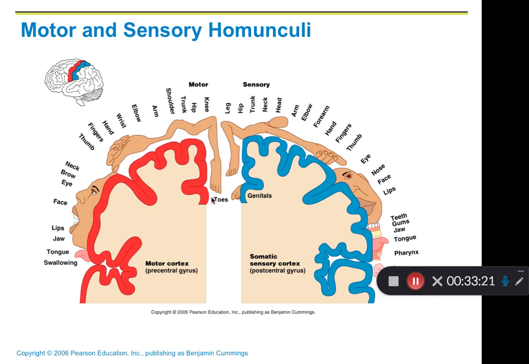That's why these organs take more surface of the parietal lobe. And then we have the face here.